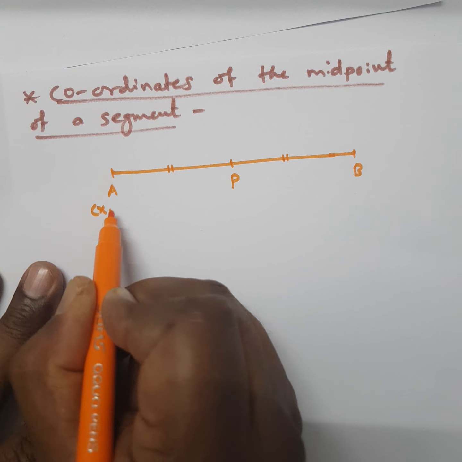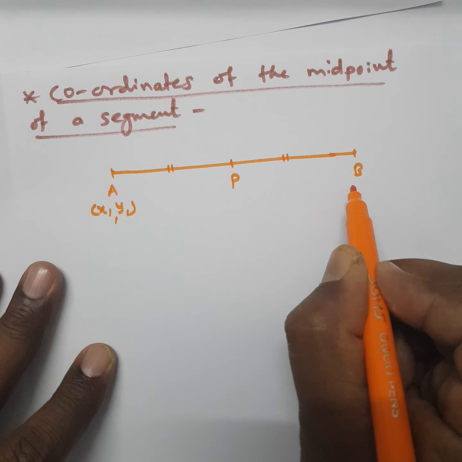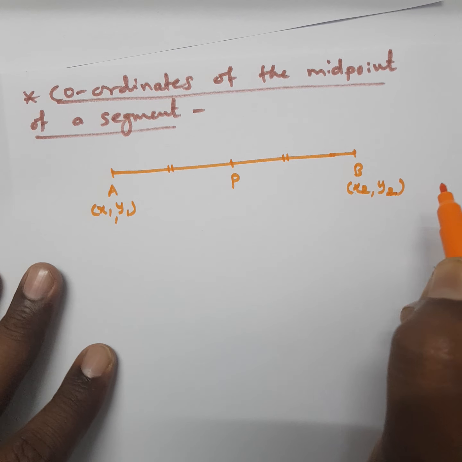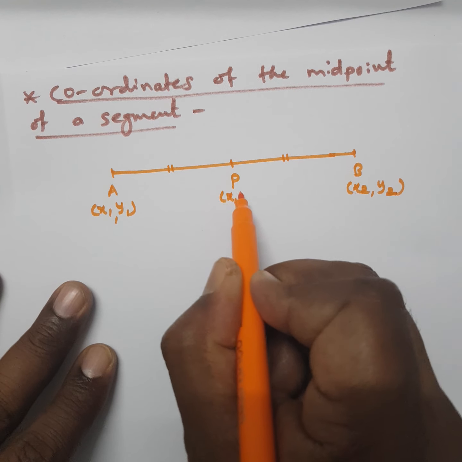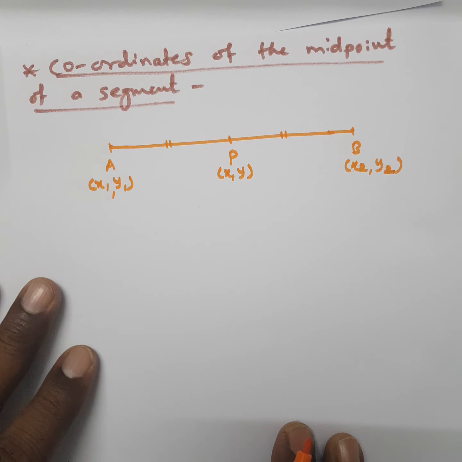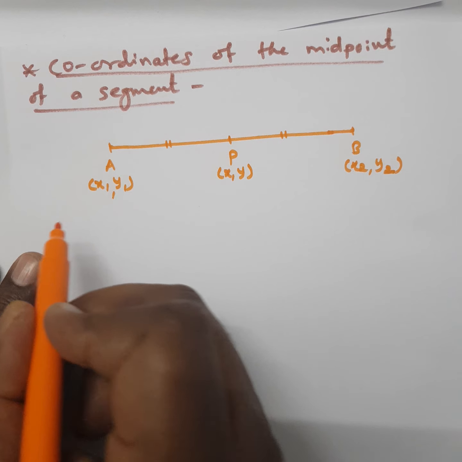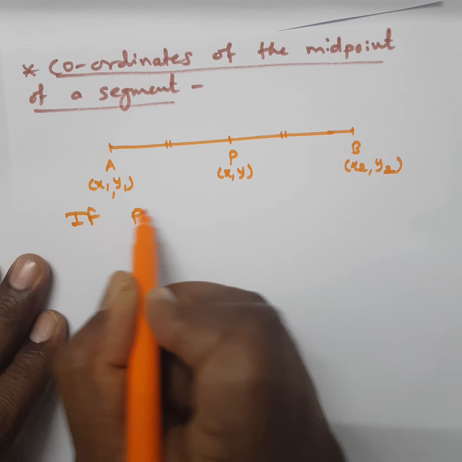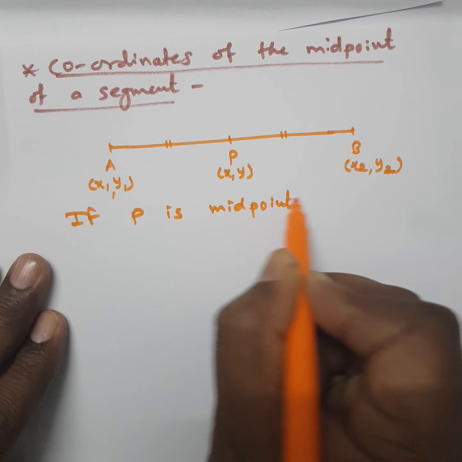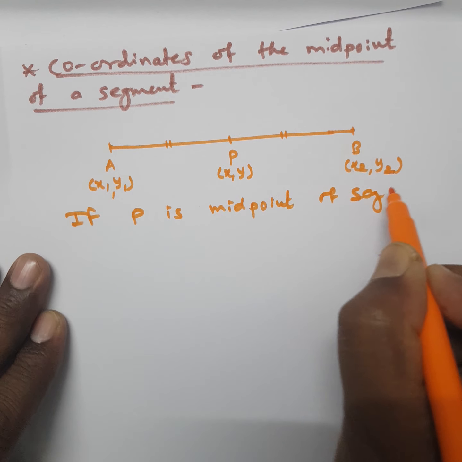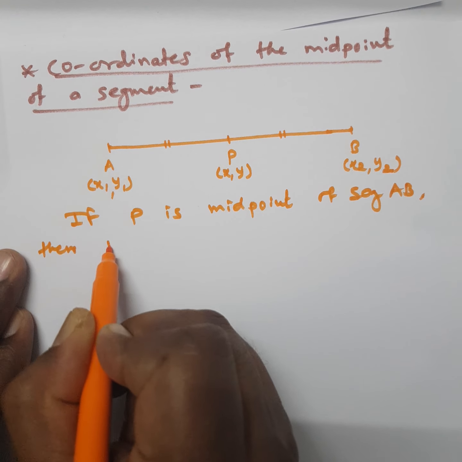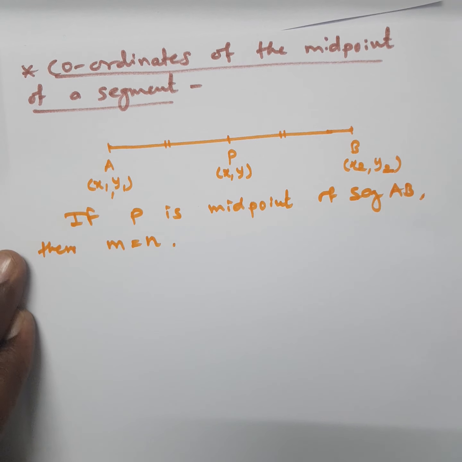If (x1, y1) and (x2, y2) are the coordinates of points A and B respectively, and (x, y) are the coordinates of point P, then if P is the midpoint of segment AB, m is equal to n.